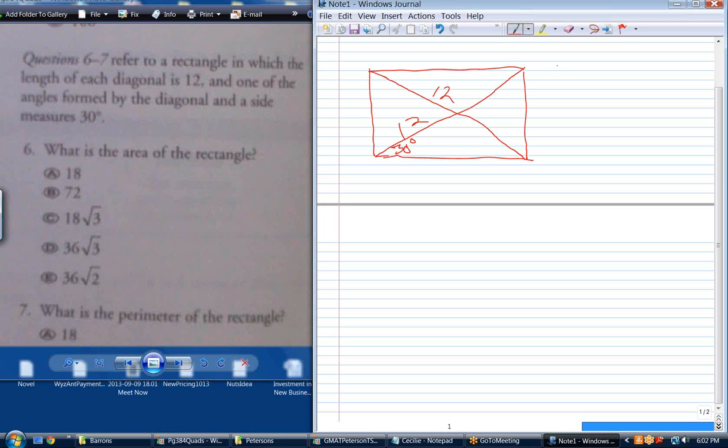It could be that one, or it could be this one up here. But the way I have drawn it, it would be this one lower left. What's the area of the triangle?